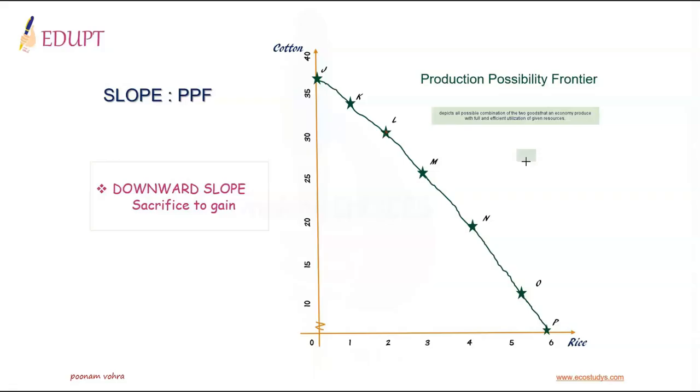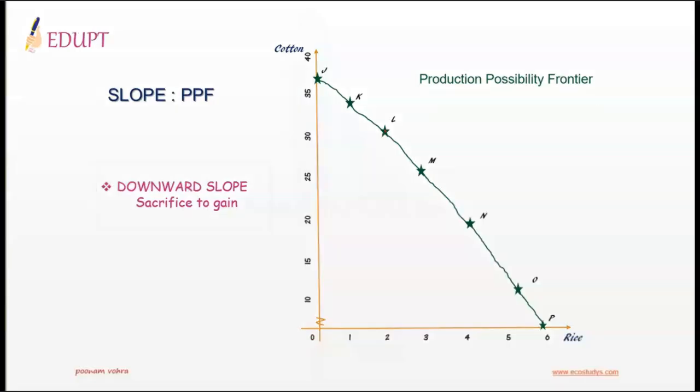Assuming full utilization of resources, the downward slope implies that more of one good can be produced only by taking resources away from the production of another good, implying that less of another good has to be produced. Now let's have a look at this diagram.